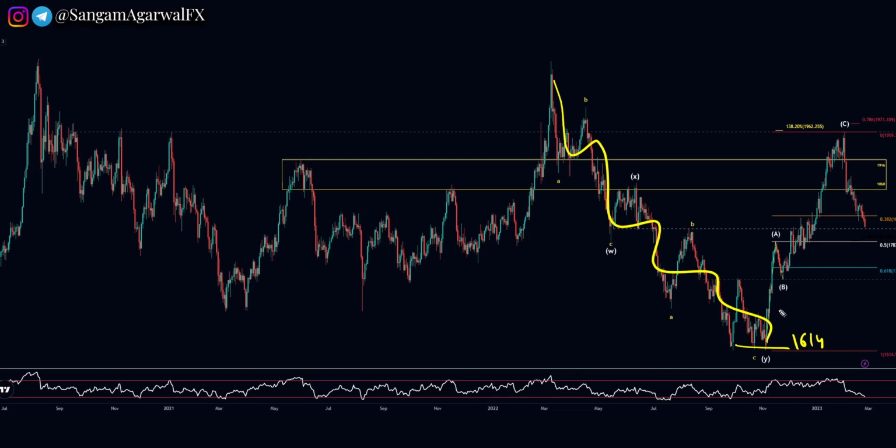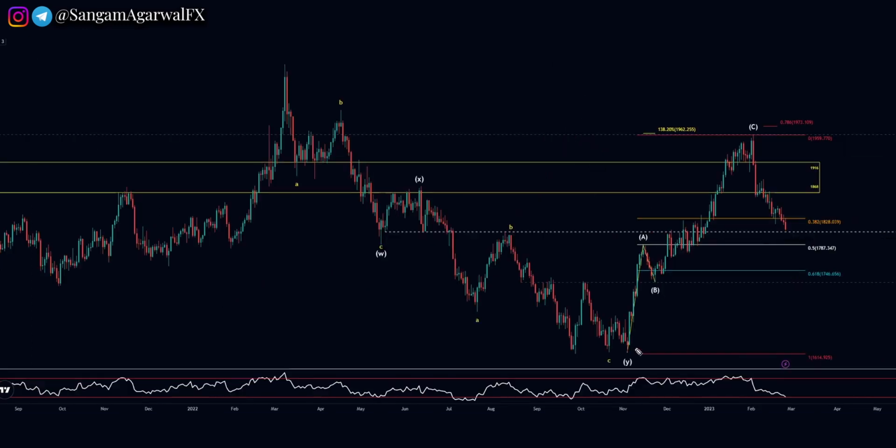And now we will start wave counting. First, this is our bottom, then our first impulsive wave, which can be 1 or wave A. Both are possibilities. Then comes a correction, which we can call the second corrective wave or B corrective wave.